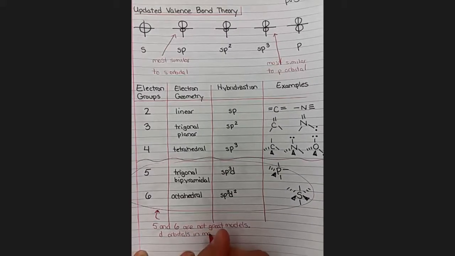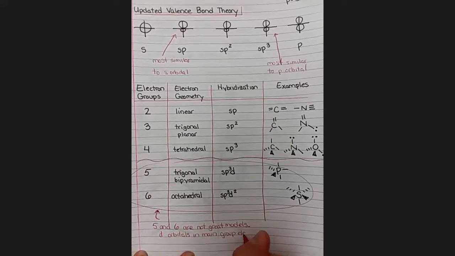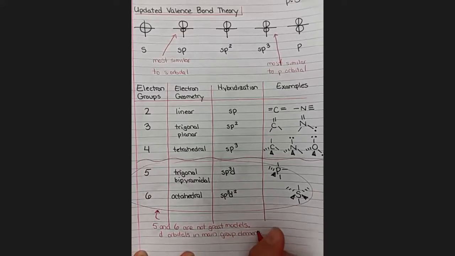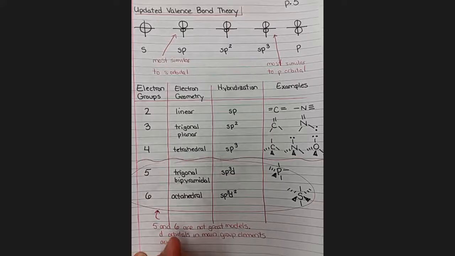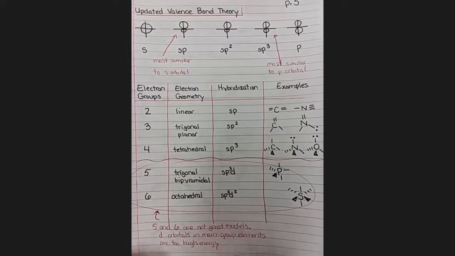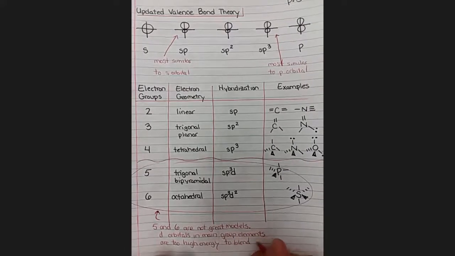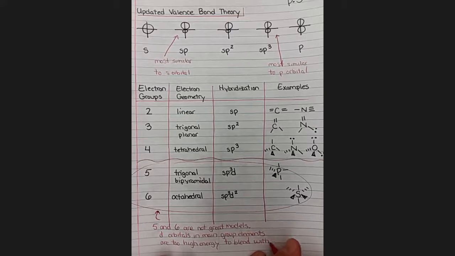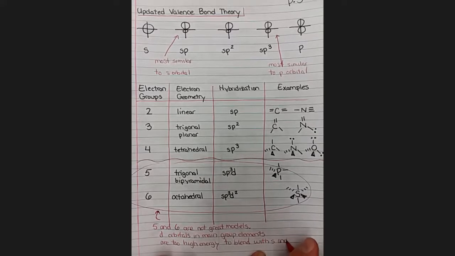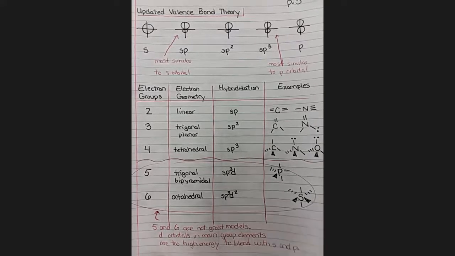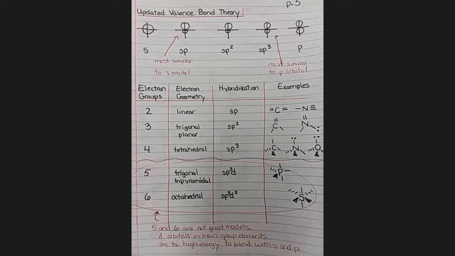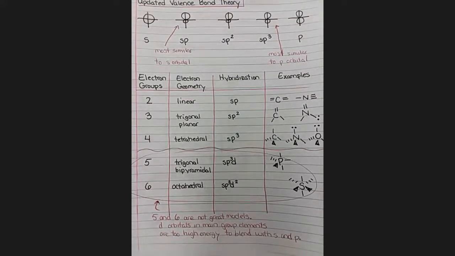The d orbitals in main group elements are too high energy to blend with the s and p orbitals in that same shell. So it's an okay approximation just to give us the geometry, but it's not a very useful explanation in general.